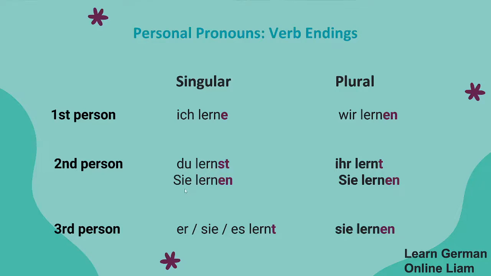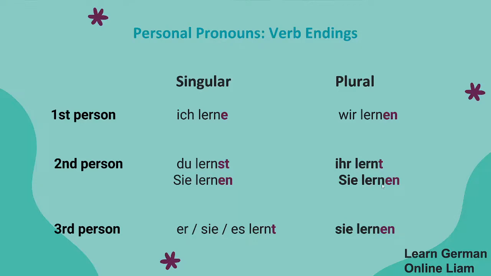If you are a doctor, professor, or a very elderly person, and I want to give respect, then I'll say Sie lernen Deutsch. Similarly, if I'm going to talk to many students, then I'll use ihr lernt Deutsch. If I'm going to talk to many doctors or professors in the plural form, second person plural, I'll tell them Sie lernen Deutsch.